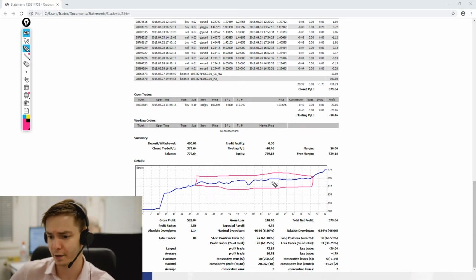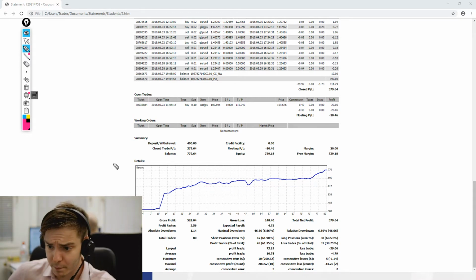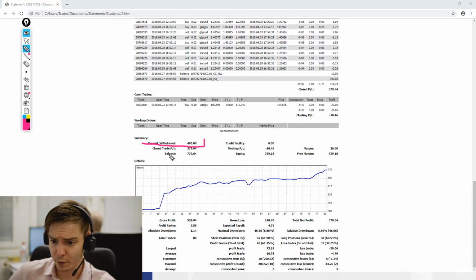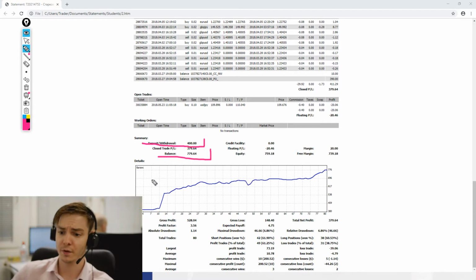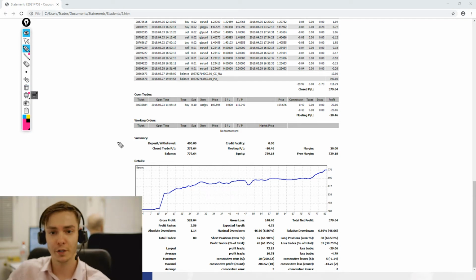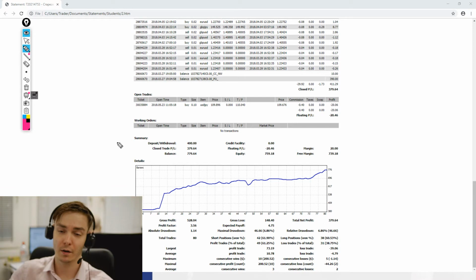He was not making money, but he was not losing money. But with this pattern, with a deposit of $400, the balance in the end was $780. So also good results. On Forex, you can trade this pattern with whatever size you want, depending on your balance. You will just adjust your position size based on your risk management and money management, of course.